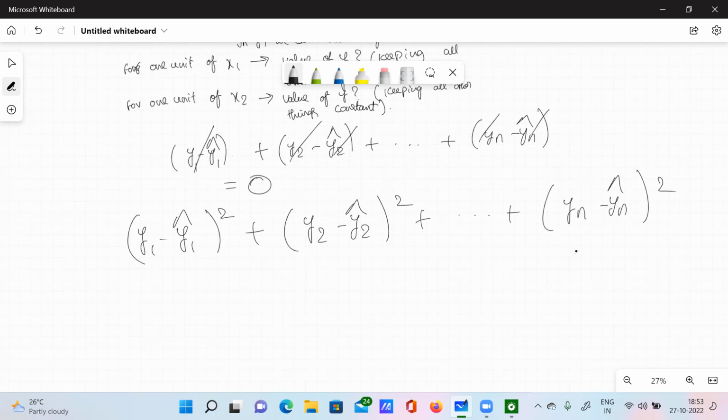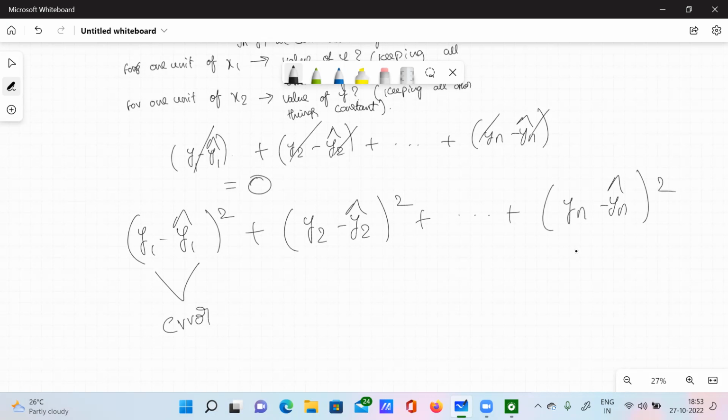So you square the error terms. Basically, the difference between y1 and y1 hat is nothing but the error.